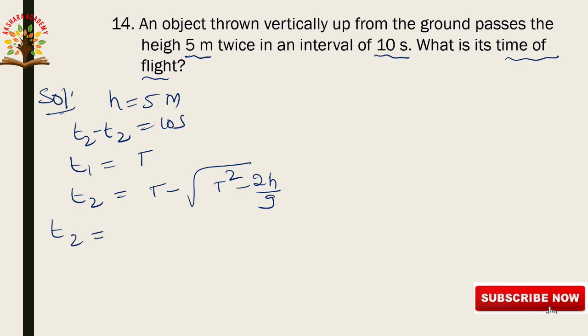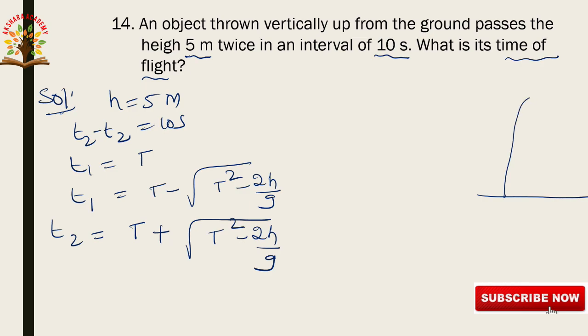t1 is equal to t minus square root of t square minus 2h by g, and t2 is equal to t plus square root of t square minus 2h by g. Suppose an object goes vertically upwards from the ground up to the height h, and it is at t1 and t2, and here total time t. t denotes the time taken to reach the highest point from the ground.